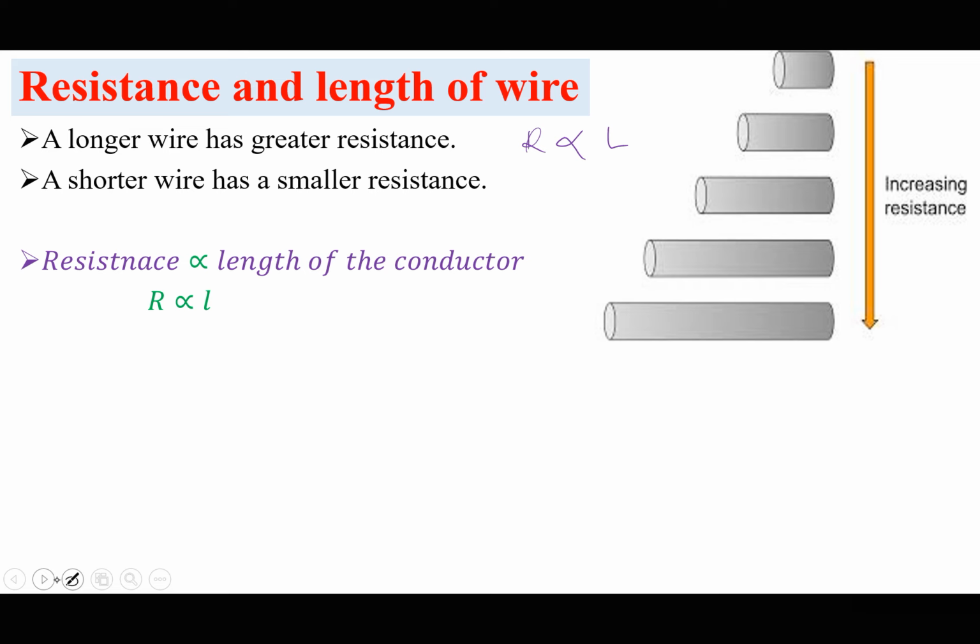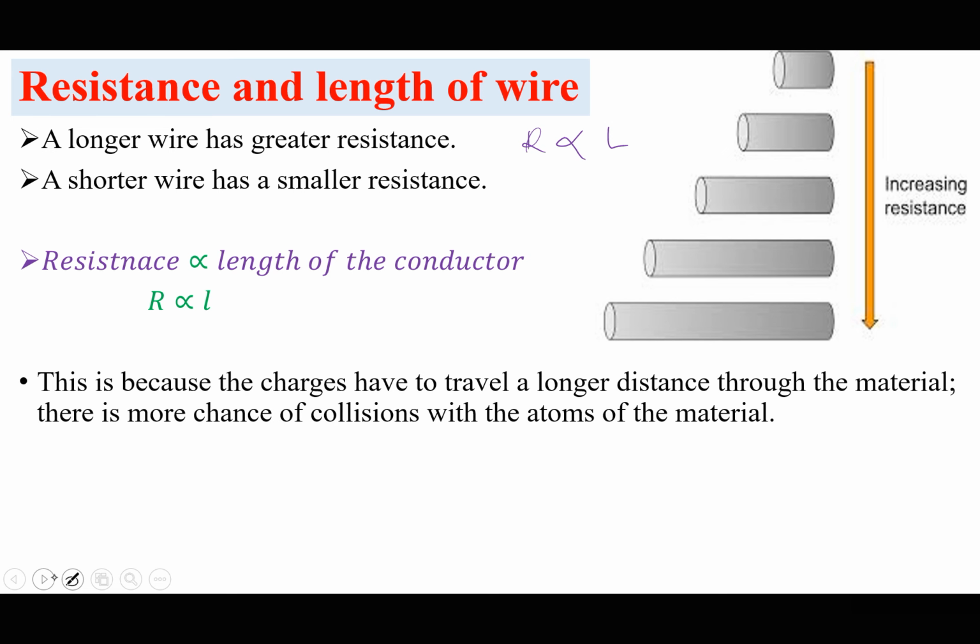If we have a longer conductor, the charge carriers will have a longer distance to travel. That longer distance increases the chances of collision with the atoms which make up this material. A material like this one has more atoms along it.